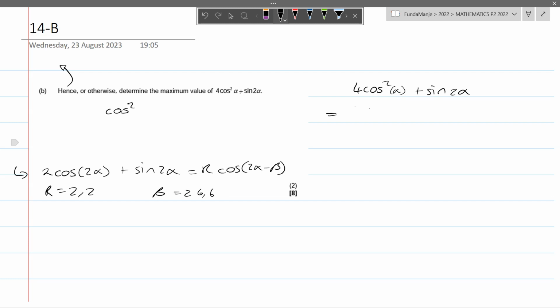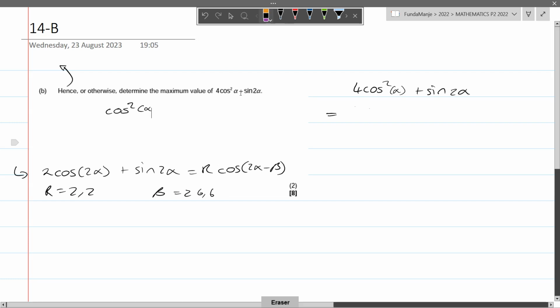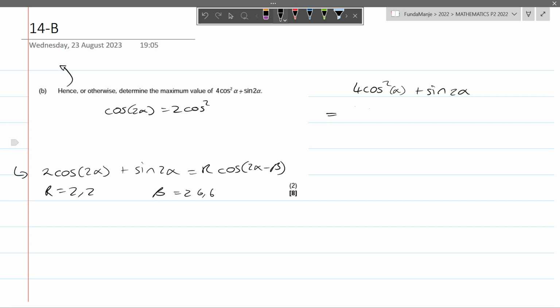from cos squared alpha, how can I get cos 2 alpha? Well, I know cos 2 alpha is equal to 2 cos squared alpha minus 1, and from this I can make cos squared alpha the subject by taking minus 1 to the other side.